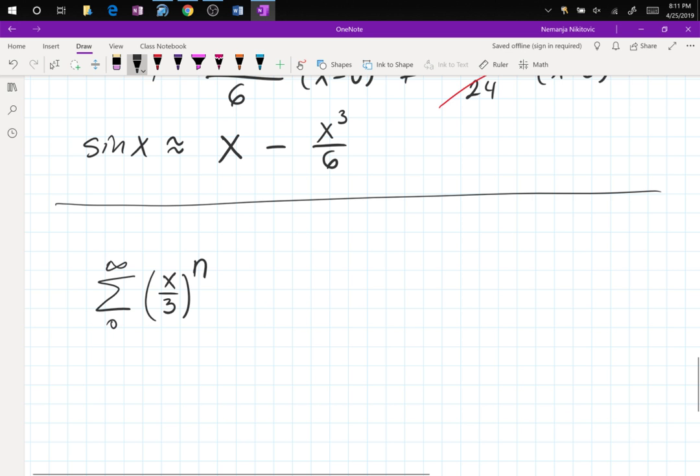But what about convergence or divergence of this series as x takes different values? If x is equal to 1, is it the same as if x is equal to 5? What can you tell me about this power series if x is 1?